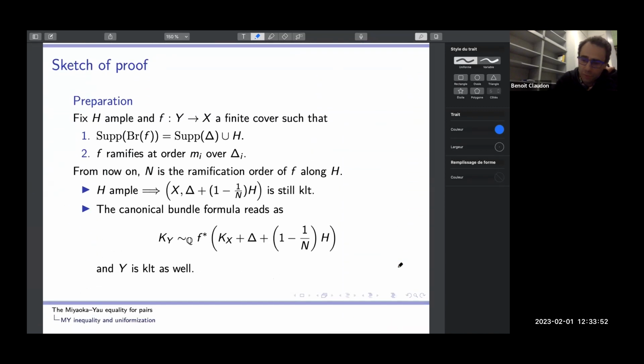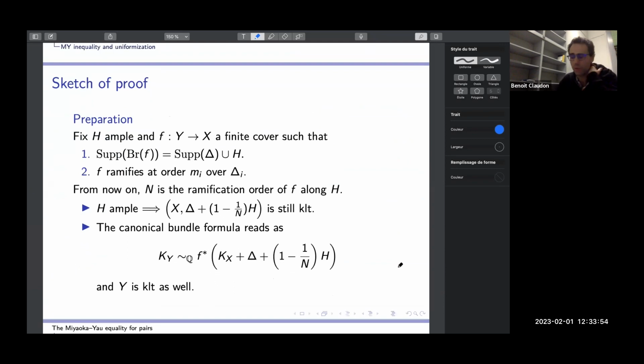So here is the sketch of the proof. You will see this is quite easy with all the stuff at hand. We start with this cover. This is a so-called delta-adapted cover.